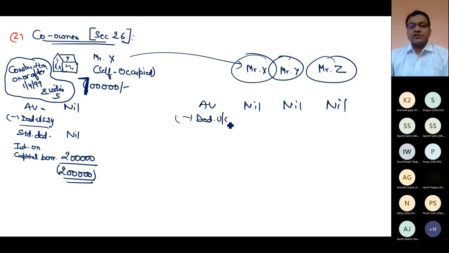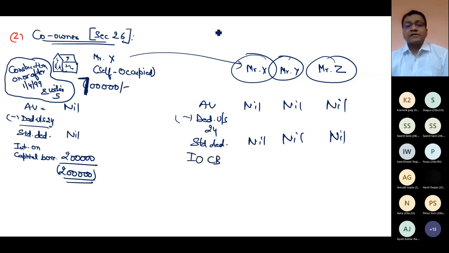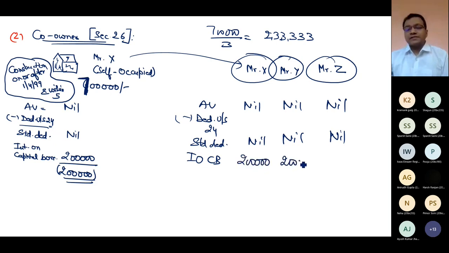Less deduction under section 24, standard deduction nil, interest on capital borrowed. Now 7 lakh will be divided in 3 parts if these are equal owners, and it becomes 2 lakh 33. So everyone can now claim maximum 2 lakh. This is the benefit in co-ownership.